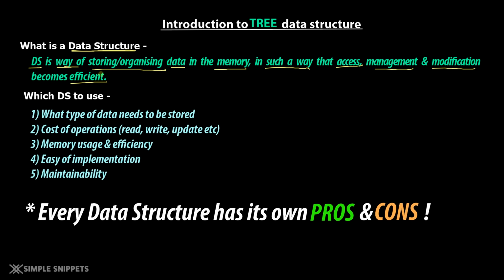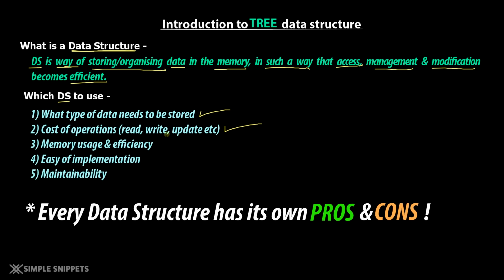Now why am I taking a recap? It is because which data structure to use depends upon many different criteria. Some of them I've listed as follows, which is what type of data needs to be stored. The next is the cost of operations like read, write, update, depending upon which is more efficient. So for some applications, maybe a queue data structure is much more efficient compared to a stack, or a linked list is much more efficient compared to an array. We've already seen a differentiation between array and linked list in the previous tutorial, and we've seen which one is better in what scenarios.